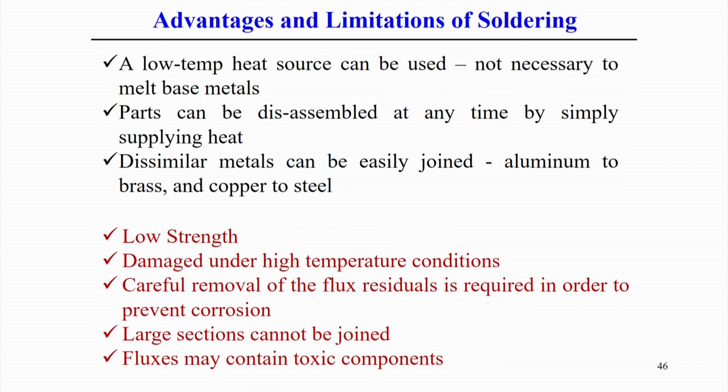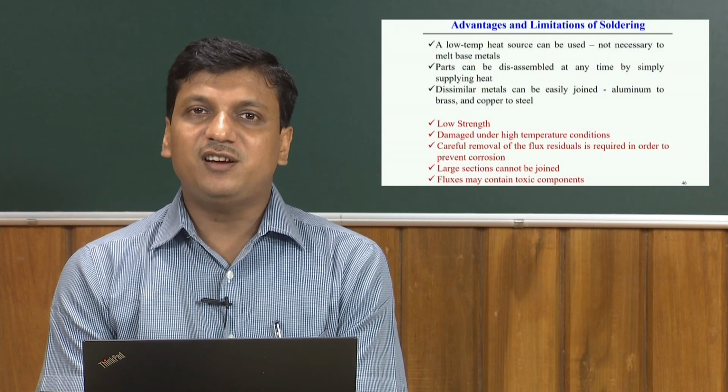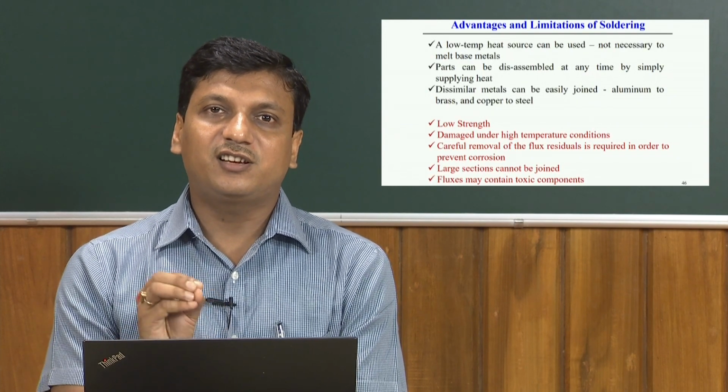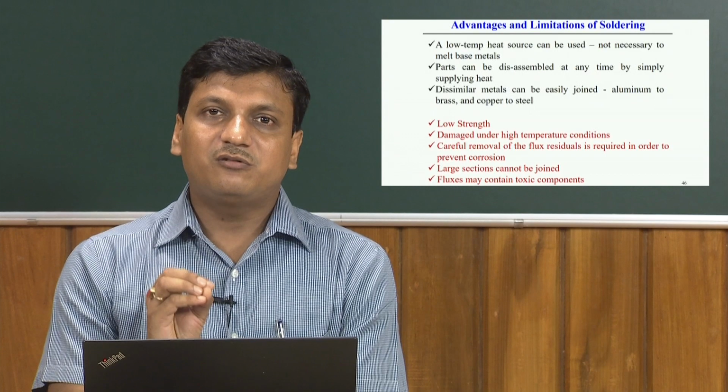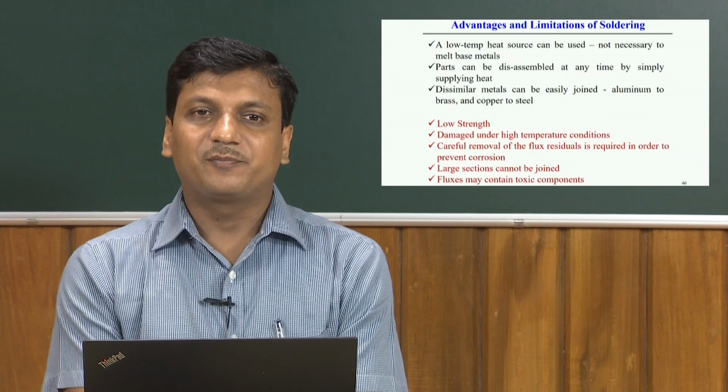Based on the applicability of the soldering process, we can also find some advantages and limitations. Soldering requires only a low temperature heat source. A heat source is not required to melt the base material, which means a low intensity heat source can be applied exactly on the soldering wire, where it is supposed to melt, not the base material.